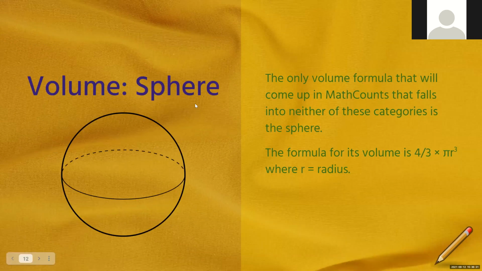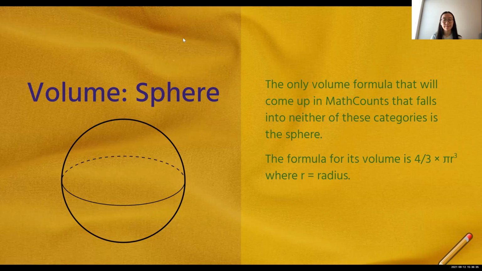Okay, so there's going to be one exception that doesn't fall into either category, pyramid or prism, and that is the sphere. So this one you're just going to have to memorize, so make sure you write this down. The volume of a sphere is 4/3 pi r cubed, where r would just be the radius of the sphere.